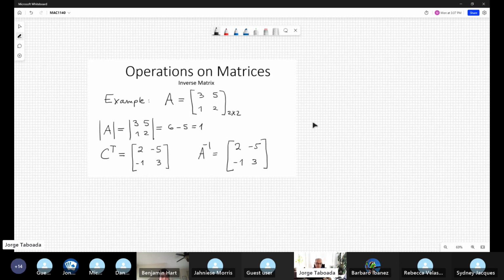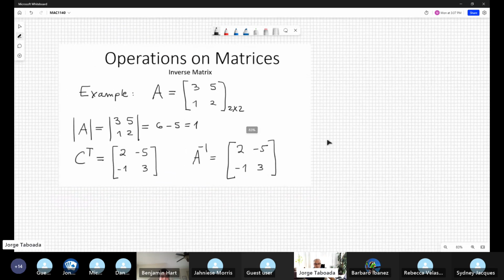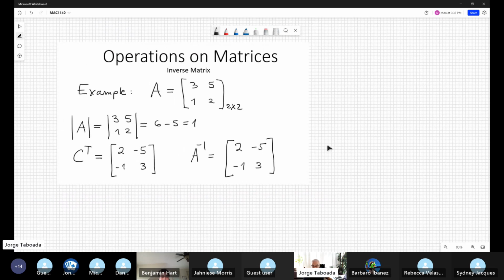Suppose this example. Now you see how to compute the inverse matrix. Let's do it. First of all, I propose this sequence of steps. You compute the determinant. So you temporarily forget the square bracket notation for the matrix.